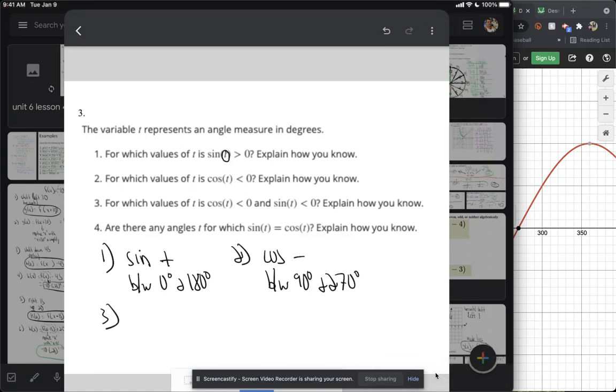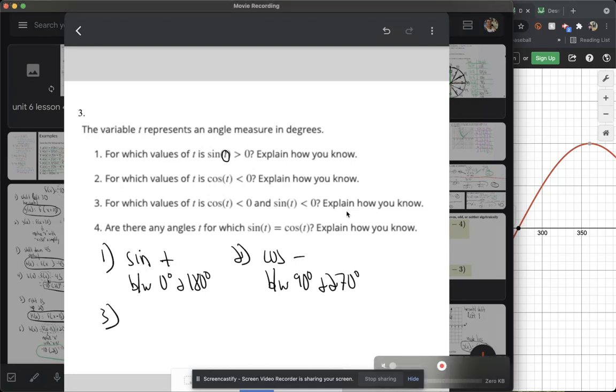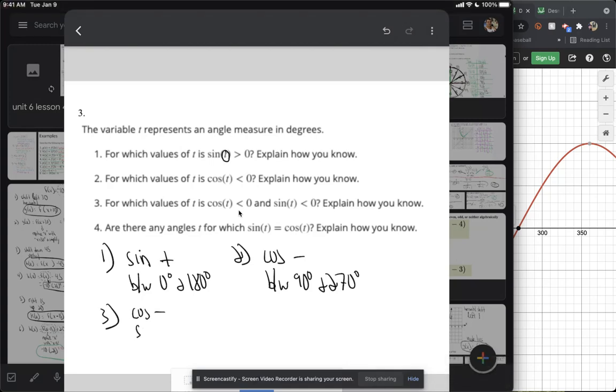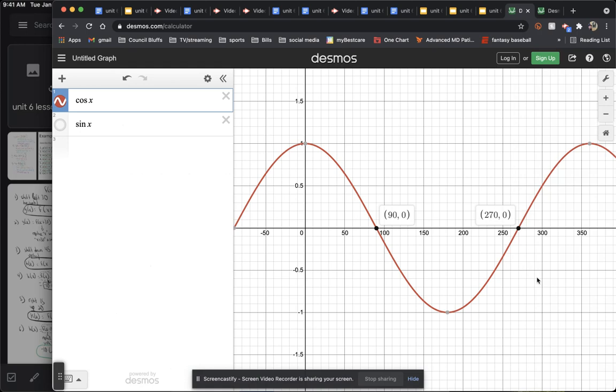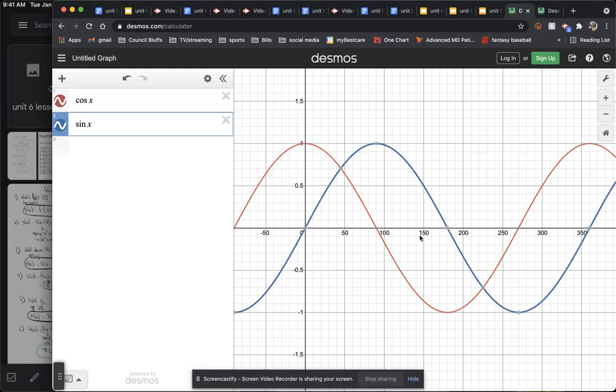For which values of t is cosine of t less than 0 and sine of t less than 0? So we're looking for cosine to be negative and sine to be negative. We're looking for both of these to be true. If I put both of those graphs in, where are both of these negative? Cosine, which remember is the red graph, is negative between 90 and 270.